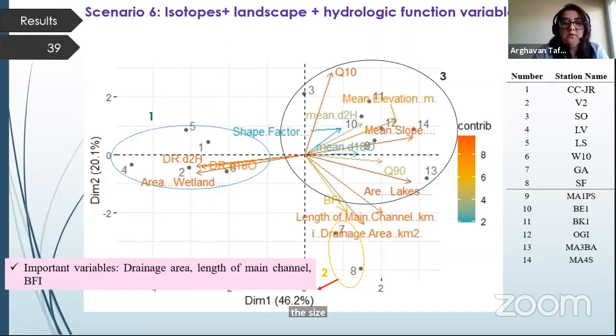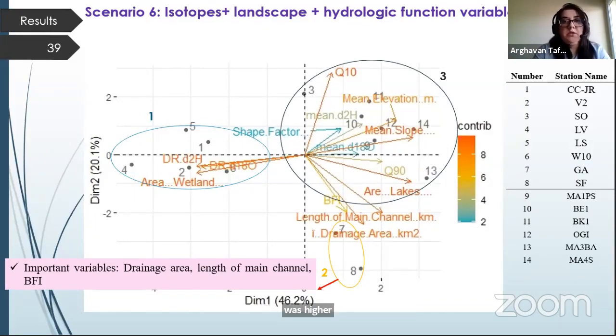Also, two stations of SNF clustered together, where drainage area and base flow index were really important features. I should mention that base flow index was highest for these two stations.